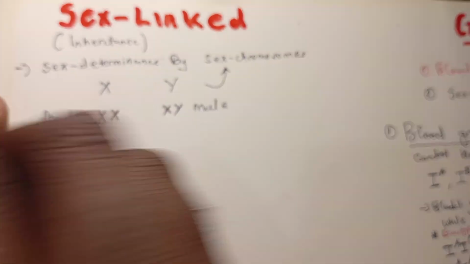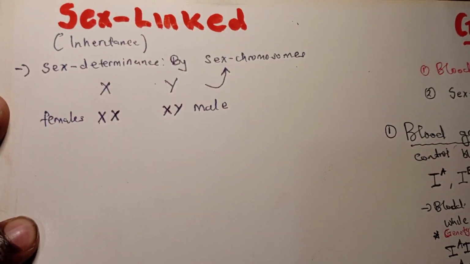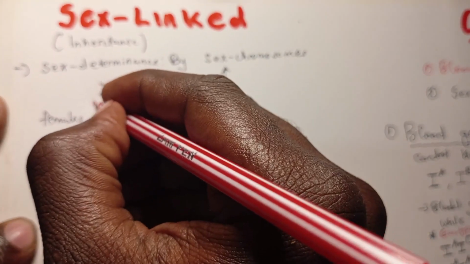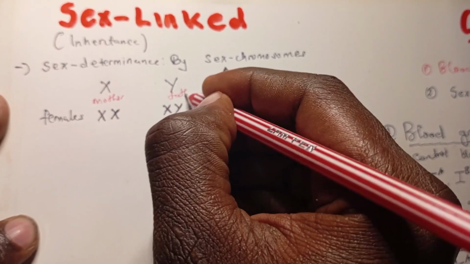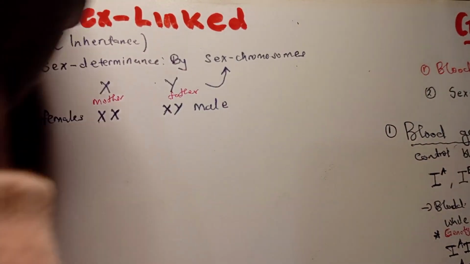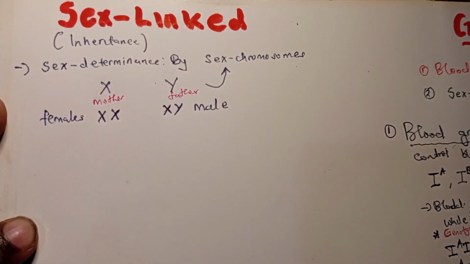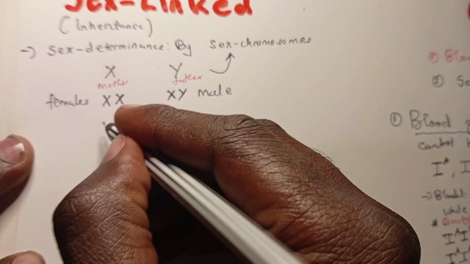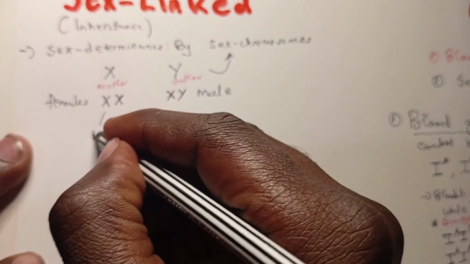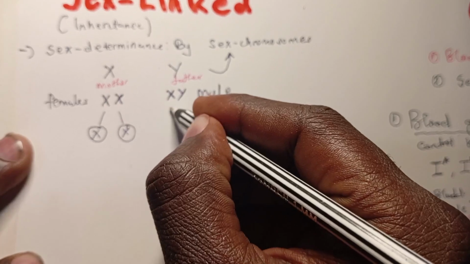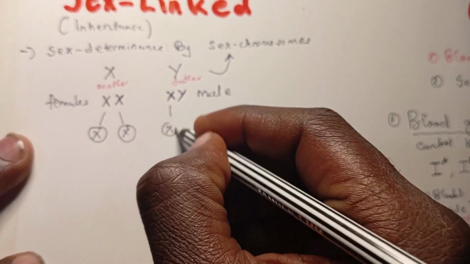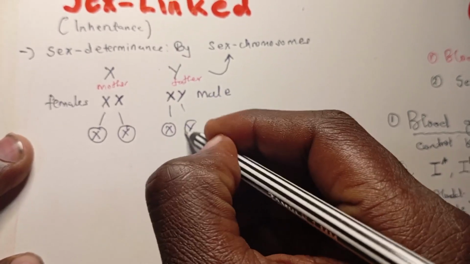Now let's do a cross right here. This was the mother and this was the father. We see the children: you are going to have X there and X there, X there and Y there.